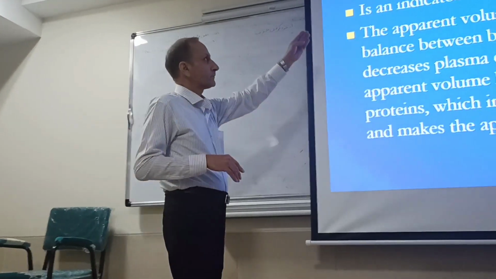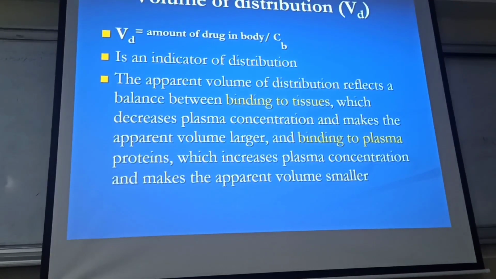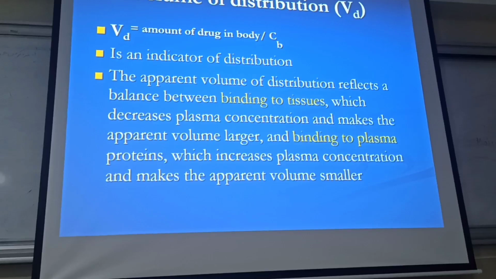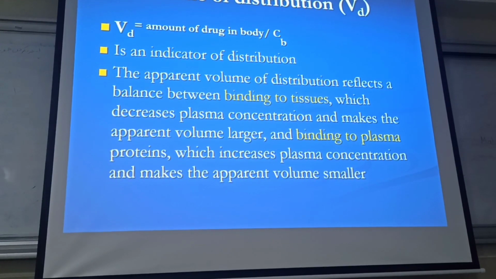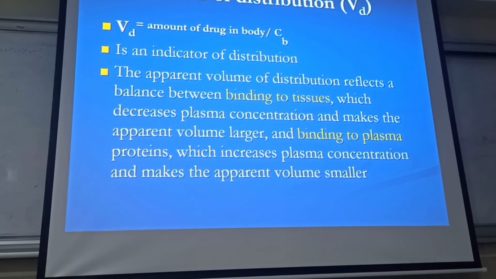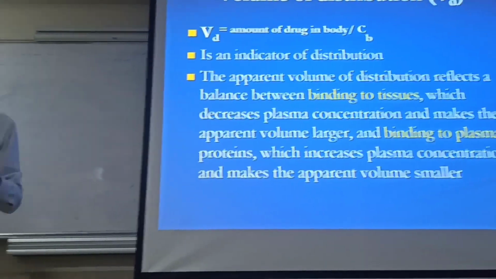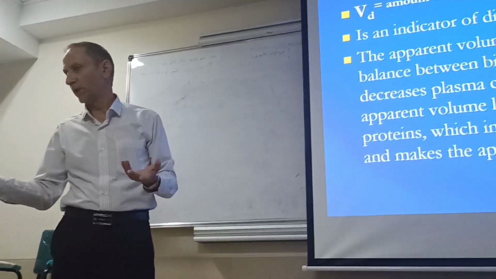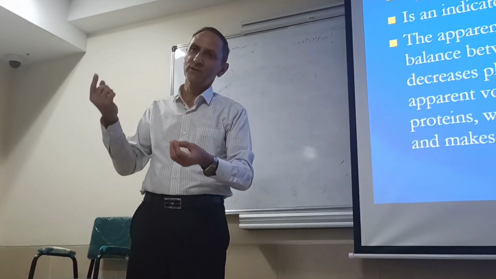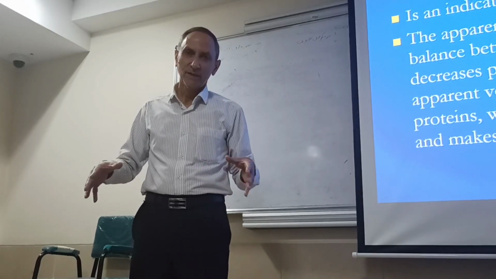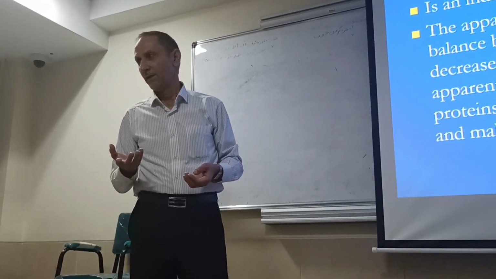And we have VD, which is volume of distribution. Sometimes for a drug, the volume of distribution may be 2,000 liters. If we consider that an adult person is about 70 kilograms, and if we consider that the density is 1, the total volume of the body for an adult is 70 liters.